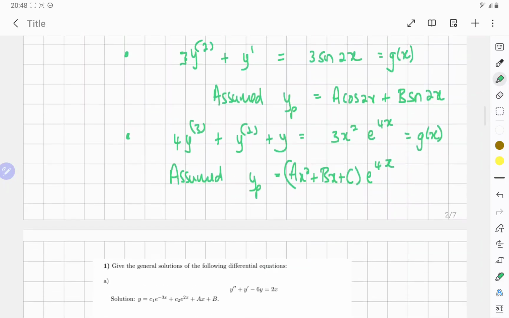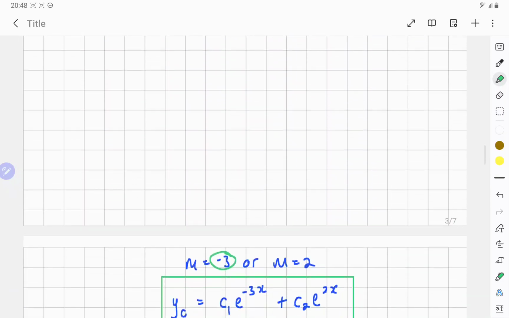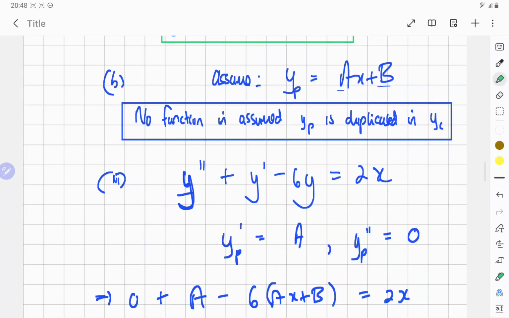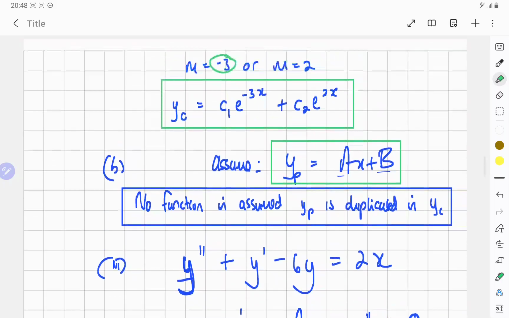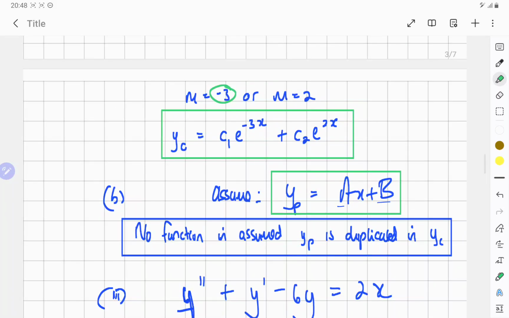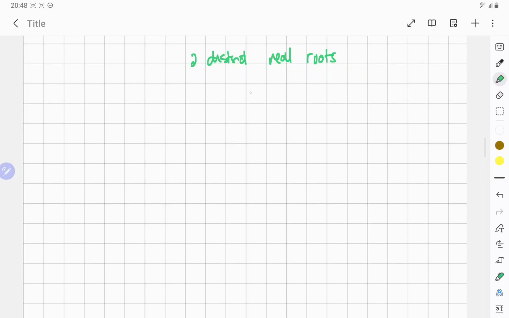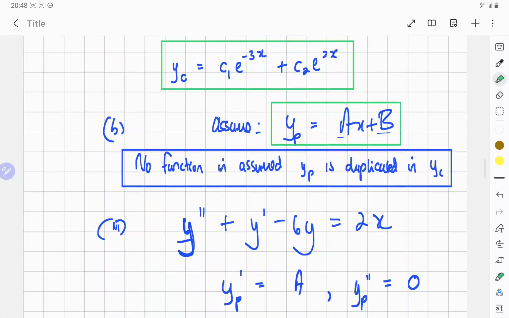It is ax plus b. So my particular assumed form will be ax plus b. A common mistake students make, since gx is just 2x, they will assume that the particular form is just ax. No, you need to do the whole linear form.